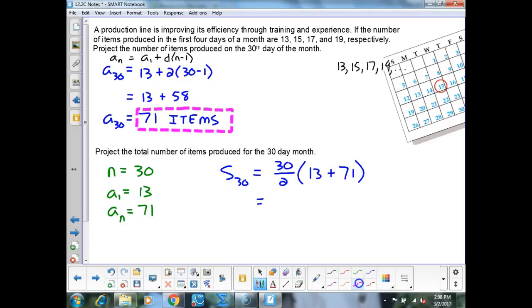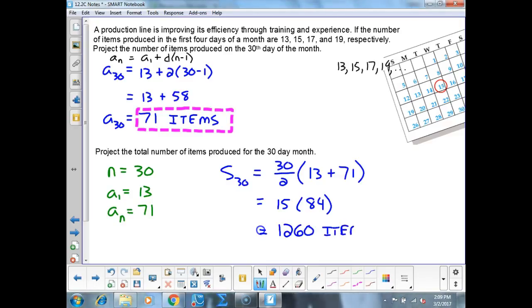That's 15 times 84, which is 1,260 items produced that month.